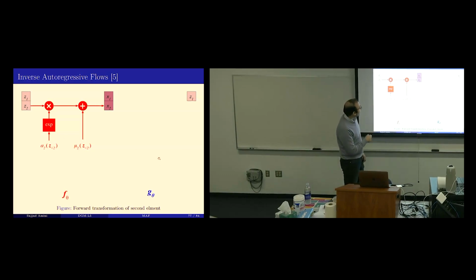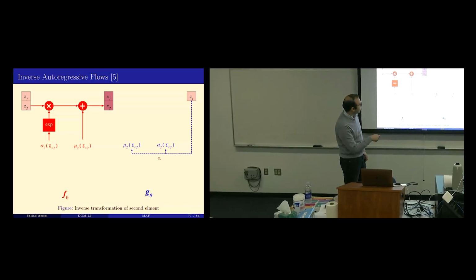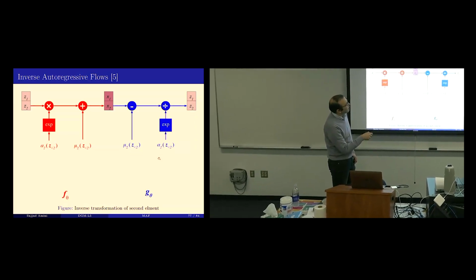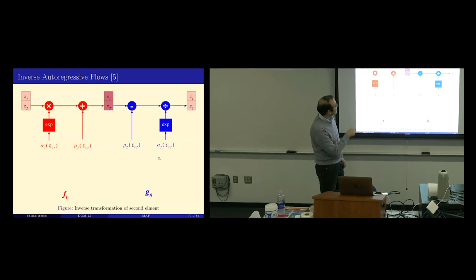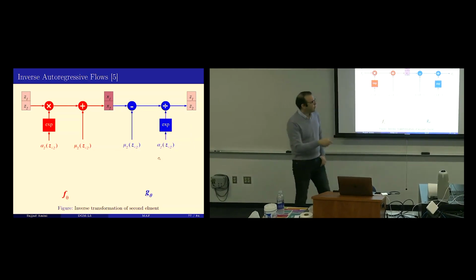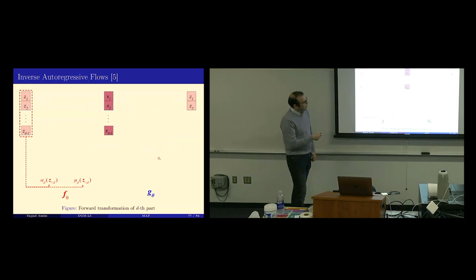Now for transforming this x2 into z2, what happened? Again, you have access to z1, so you again generate exact values here and use them to cancel the operations you have previously done. This process is done until you generate all of your observations, and the same for the inverse transformation.